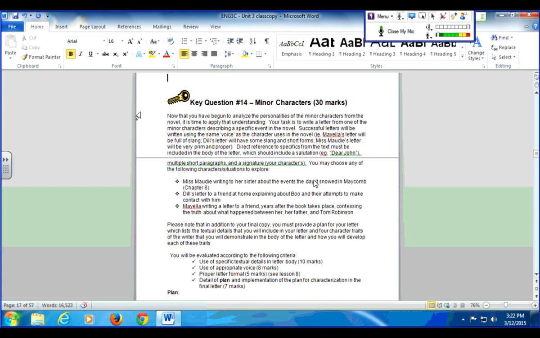Now, both of those letters focus on events that happen in the first part of the novel, which is the part that you should have read by now because you read all of it in class together.